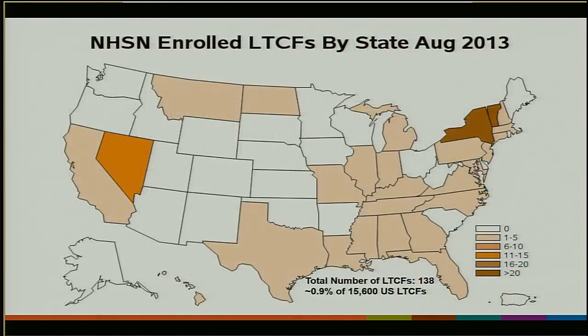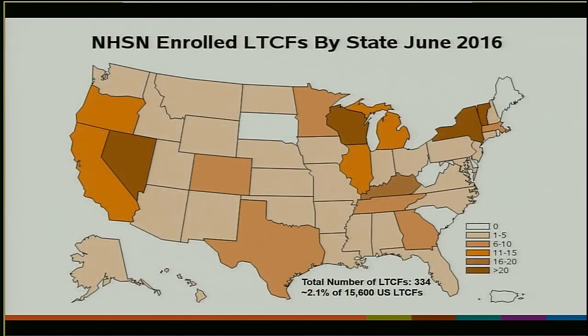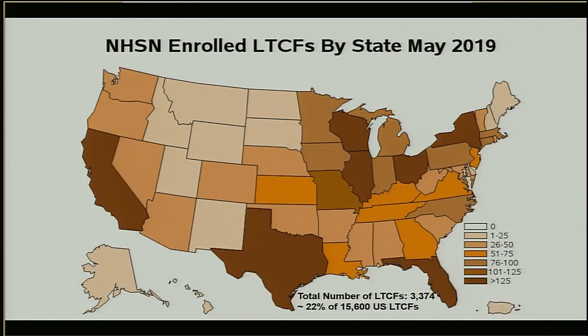In 2013, 138 facilities were enrolled in NHSN, which is about 0.9% of all long-term care facilities, and that's about 15,600 facilities. In mid-2016, this grew to 2.1% of those nearly 16,000 facilities.